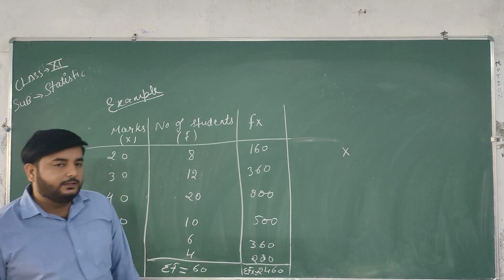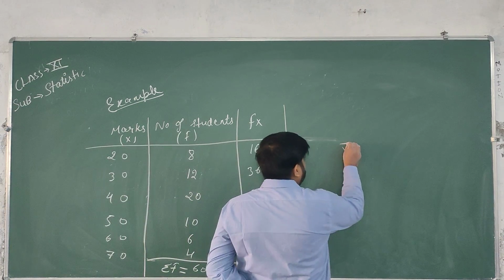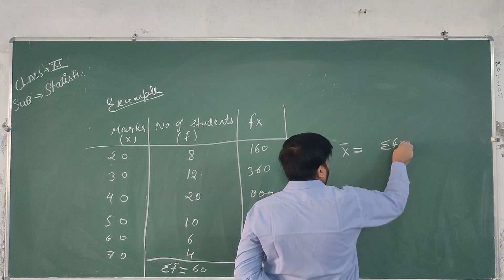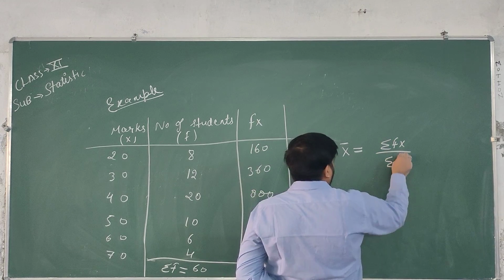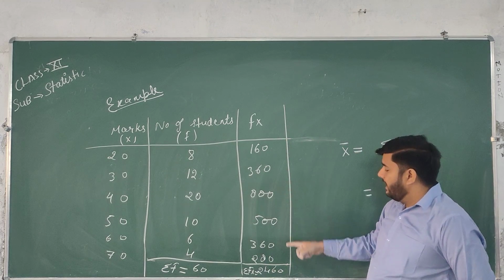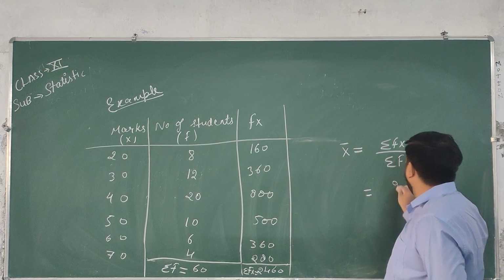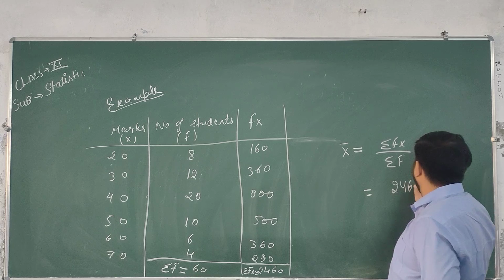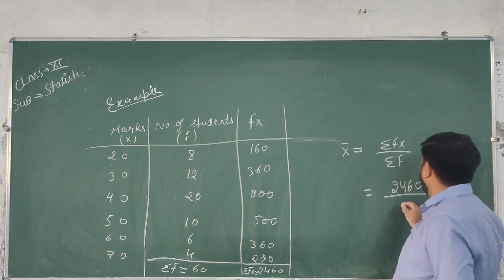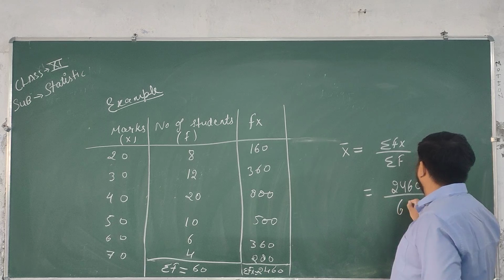Last step is applying the formula. The formula is mean is equal to sigma fx upon sigma f. So the value of sigma fx is 2460 upon sigma f value is total 60.